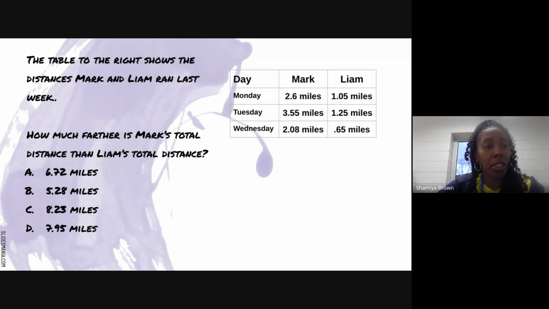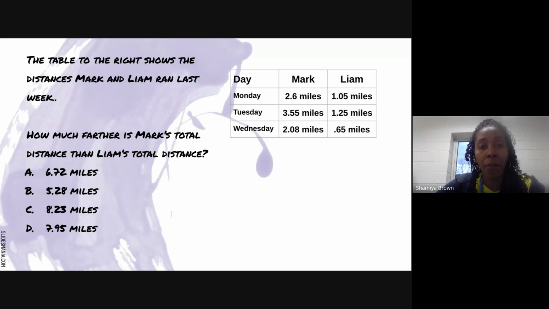That's going to be a two-step problem because first I need to find both of their total distances, then I will have to subtract to find the difference between the two totals.